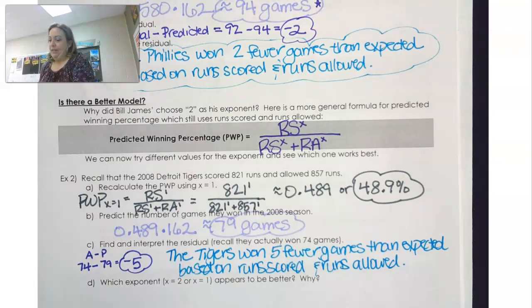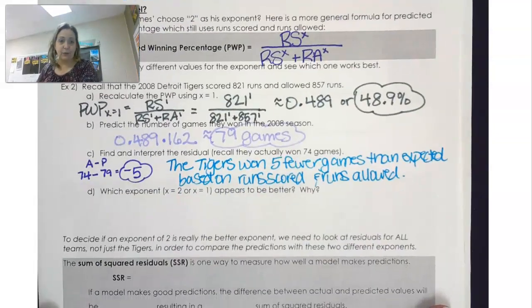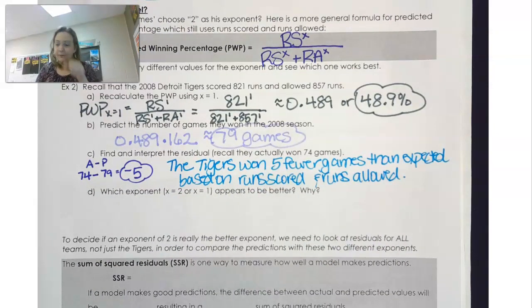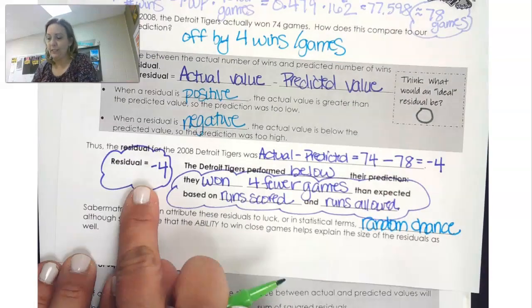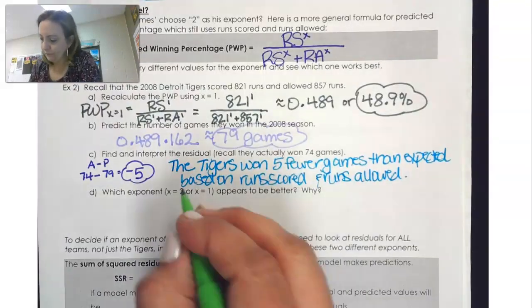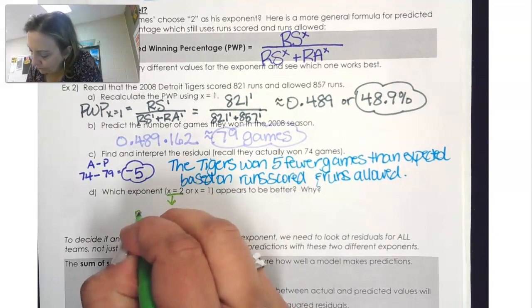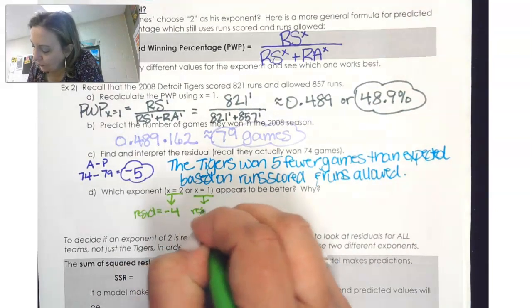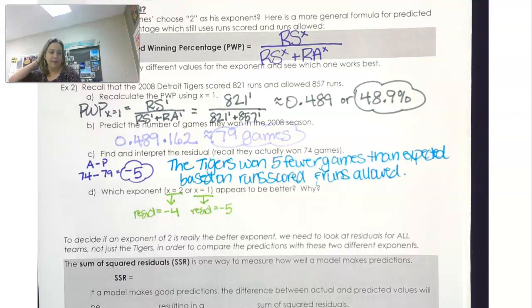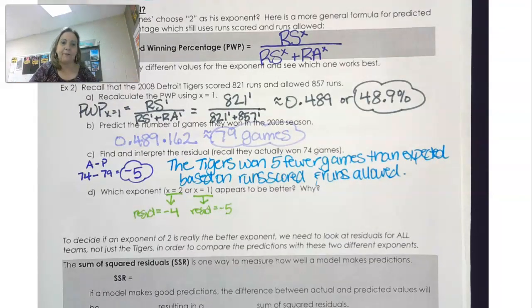Okay, so now we've done that with x equals 1. Which exponent, x equals 2 or x equals 1, appears to be better, and why? When we did the work for x equals 2, our residual was -4, and with x equals 1, our residual was -5. They're very close, I know. But which one is going to be better? Remember we said that an ideal residual was 0. So which of these is closer to 0?